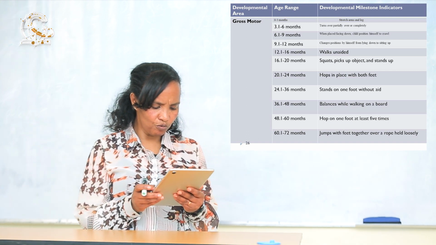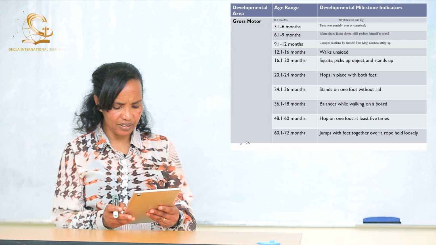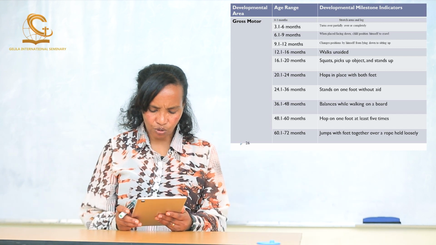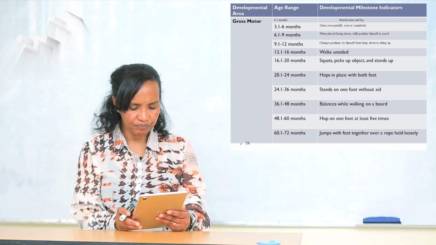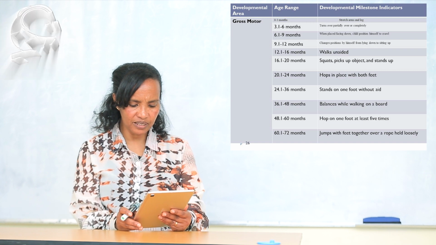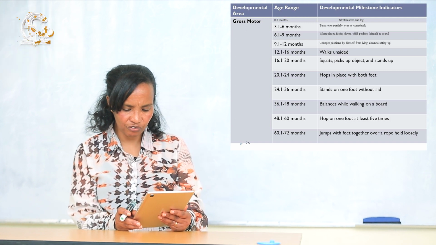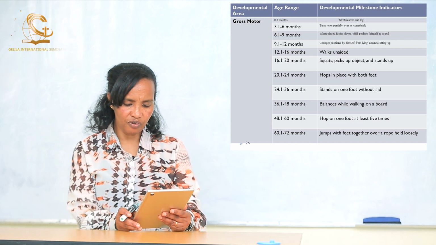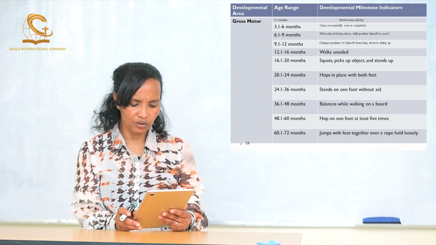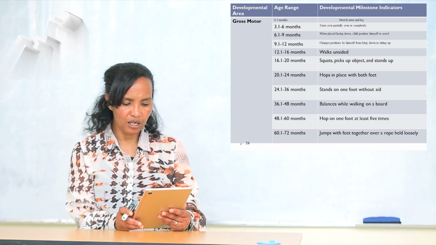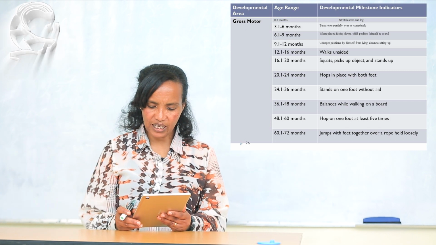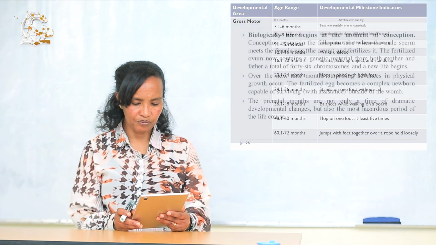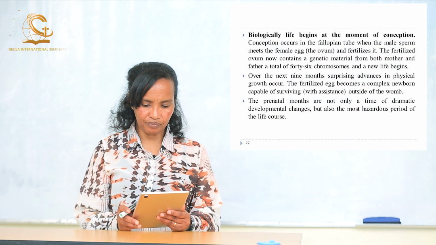And from 14 months to 16 months, hops on foot at least 5 times. From 16 to 17 months, jumps with feet together over a rope, head loosely. So about 2 years, hops in place with both feet. These are just for example.